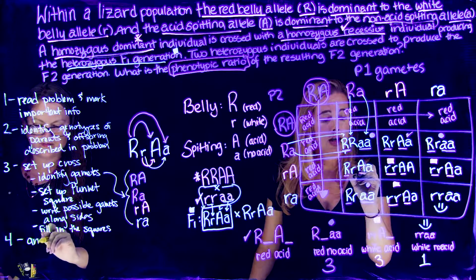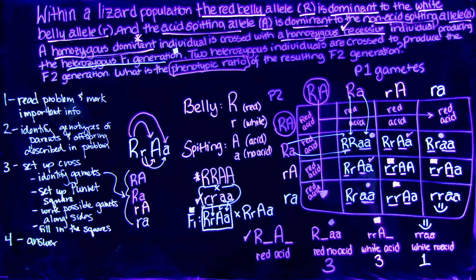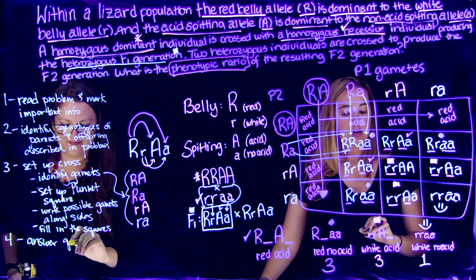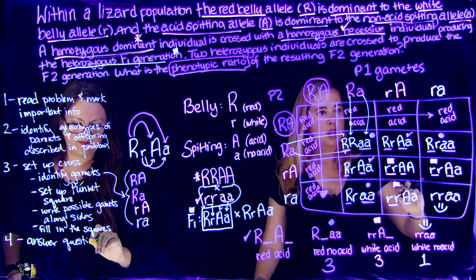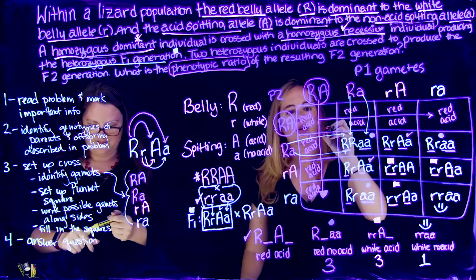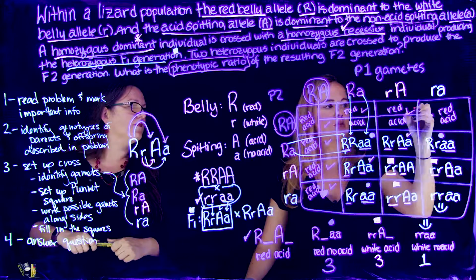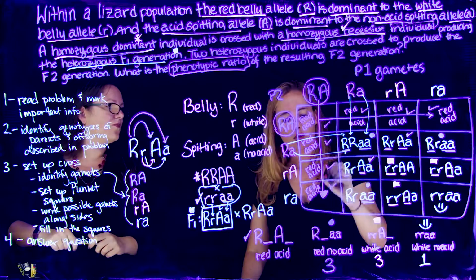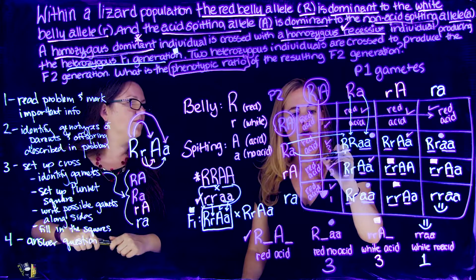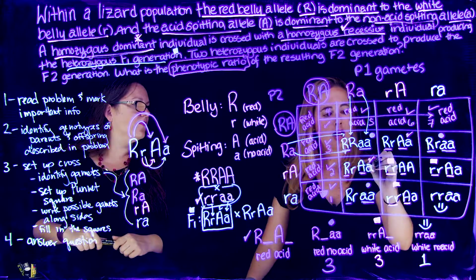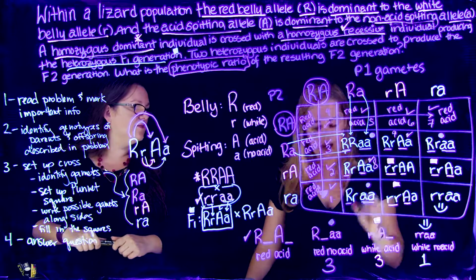Capital R, capital A, you spit acid. And so it's like, okay, is everybody else filled in? Yes. So I've got this guy, this guy, this guy, this guy, this one, this one, this one. So we got 1, 2, 3, 4, 5, 6, 7, 8, and 9.